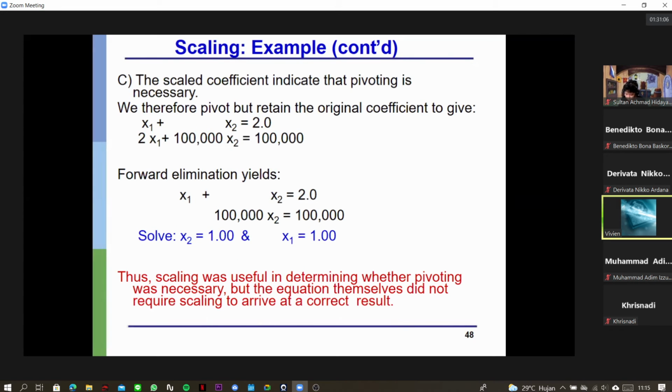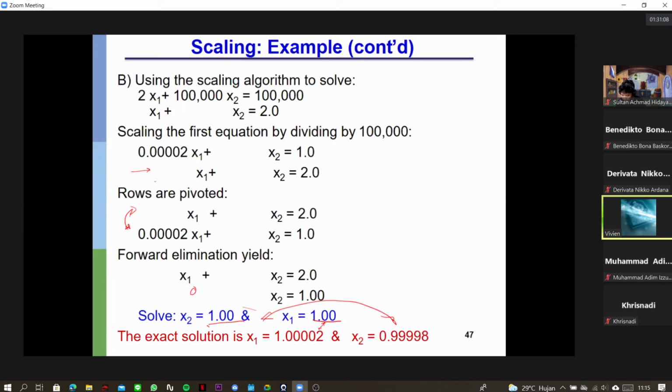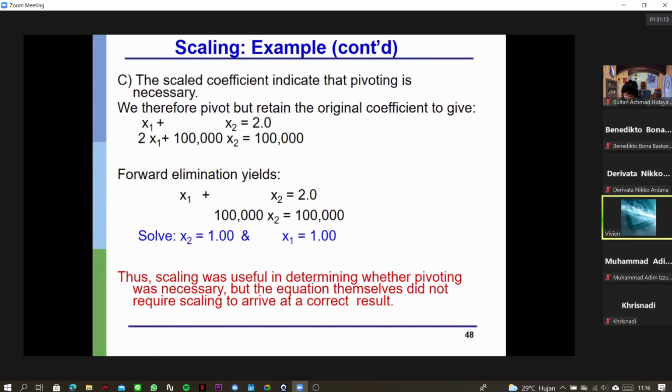Now, why do we need to do scaling? Actually, scaling is not really affecting the calculation directly. But with scaling, we now know that we need to do pivot. So scaling was useful in determining whether pivoting was necessary, but the equations themselves did not require scaling to arrive at a correct solution.